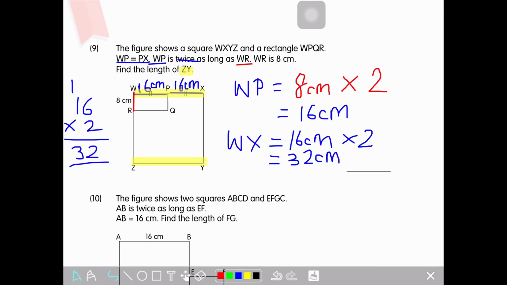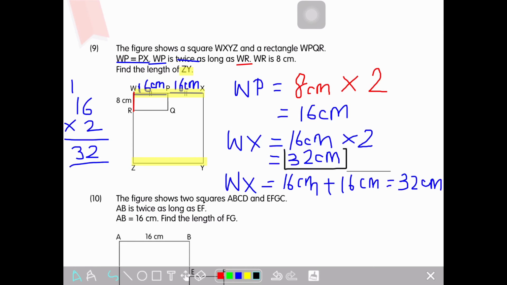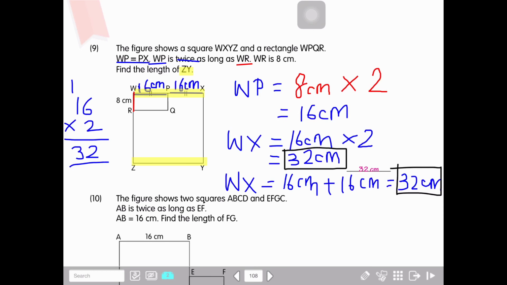Or you can also do this way. WX is 16 cm plus 16 cm, which is equals to 32 cm. Both ways will give you 32 cm. So ZY is 32 cm.